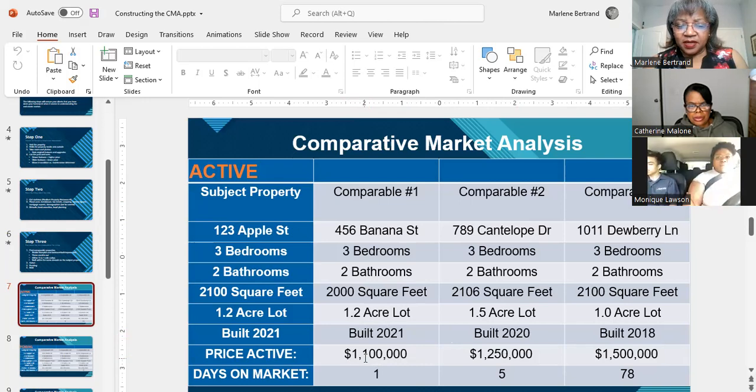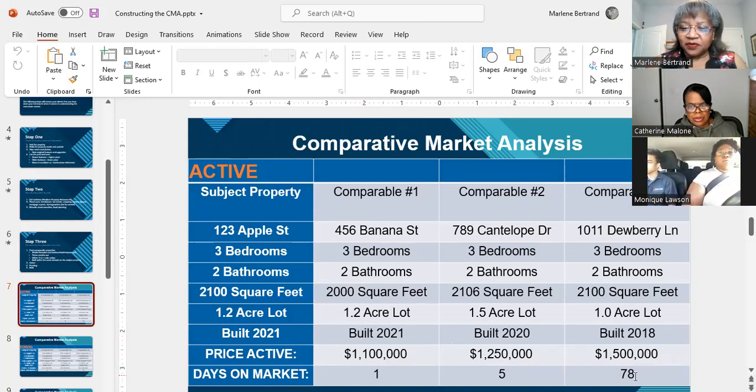Comparable number 1, 1.1 million. It's been on the market for just 1 day. So it just came on the market. This one, 1,250,000. It's been on the market for 5 days. And this one, 1,500,000.